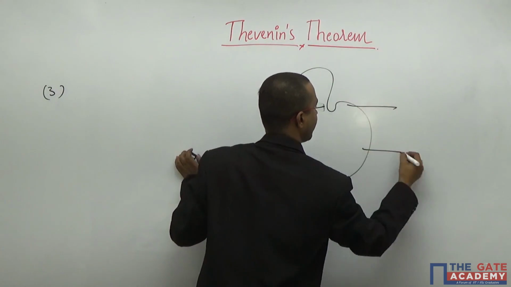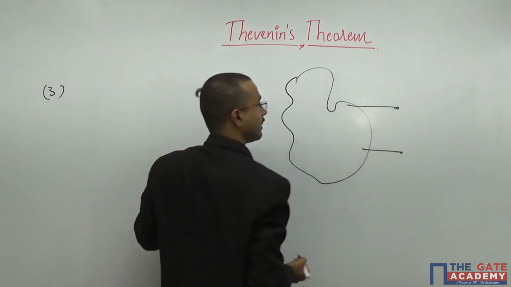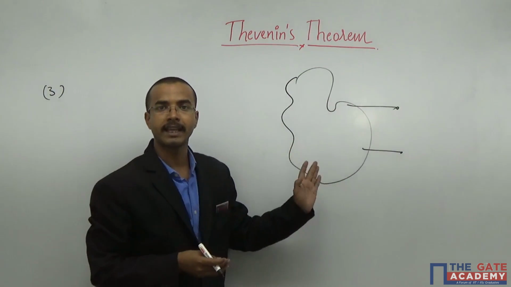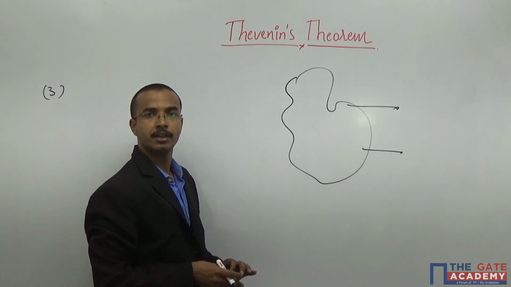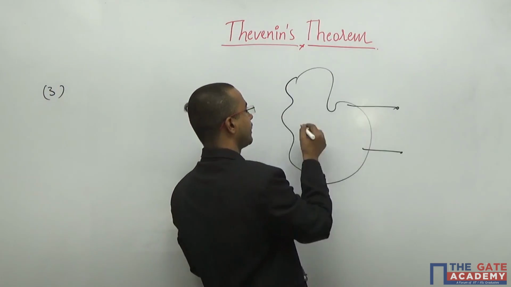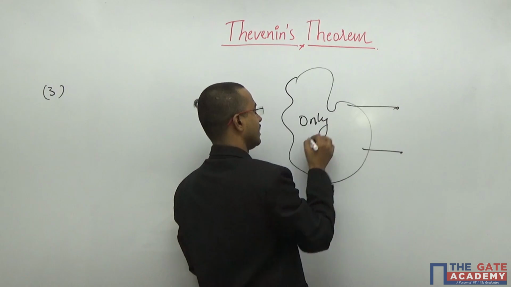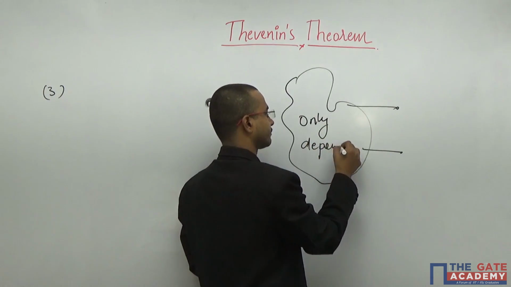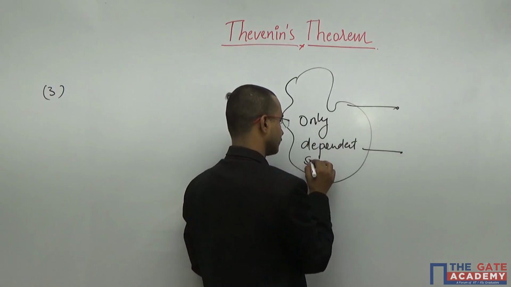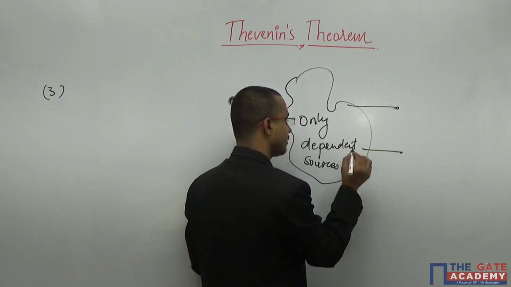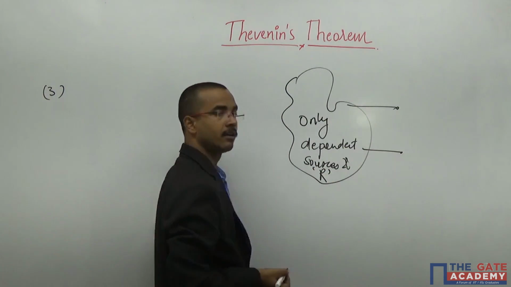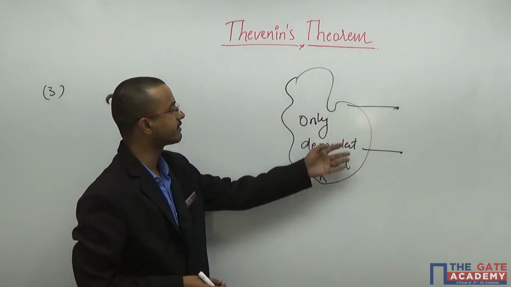After replacing all the independent sources, you will get the open circuited terminal, and inside it only dependent sources and resistances. Only these two things you have inside this.